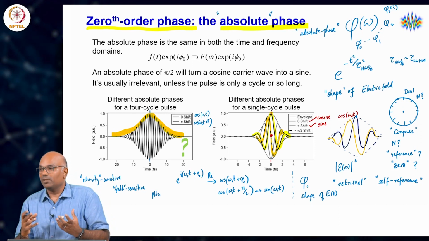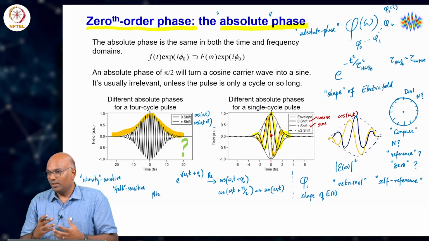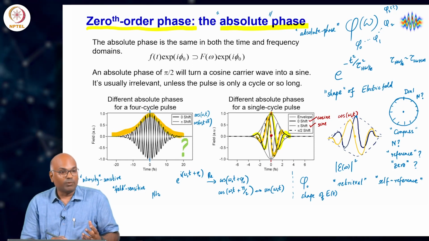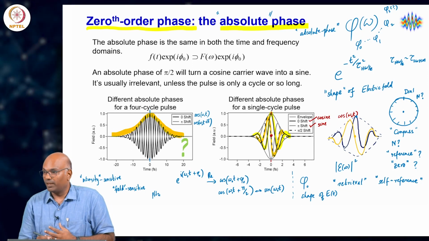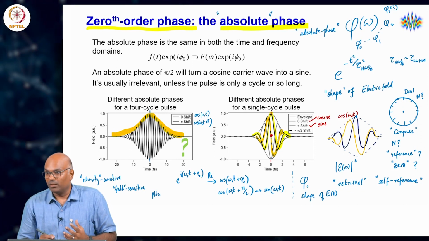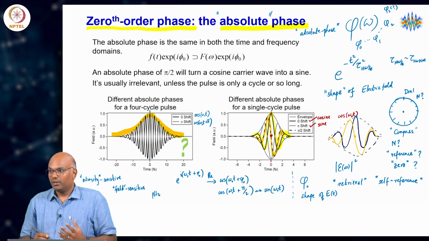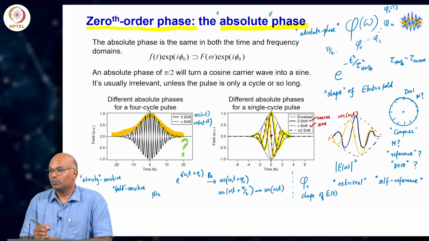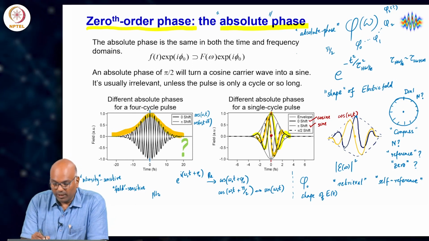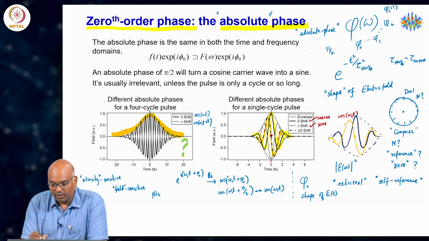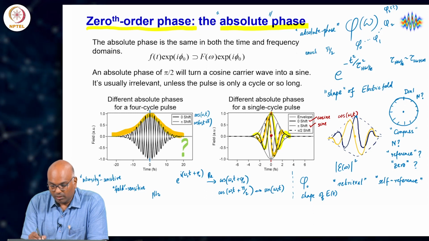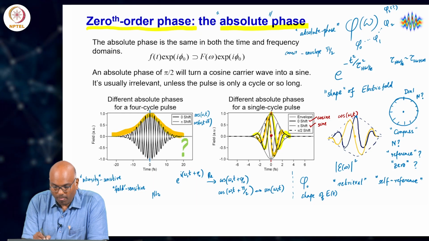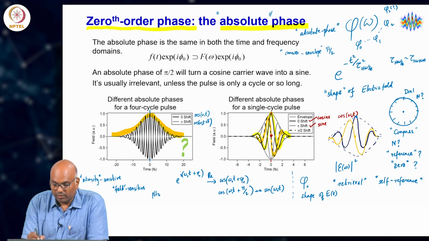Since the absolute phase is essentially a difference between the maximum of the envelope and the maximum of the carrier. A sinusoidal wave has an absolute phase of pi over 2. What is pi over 2? It's the phase difference between the envelope and the carrier.